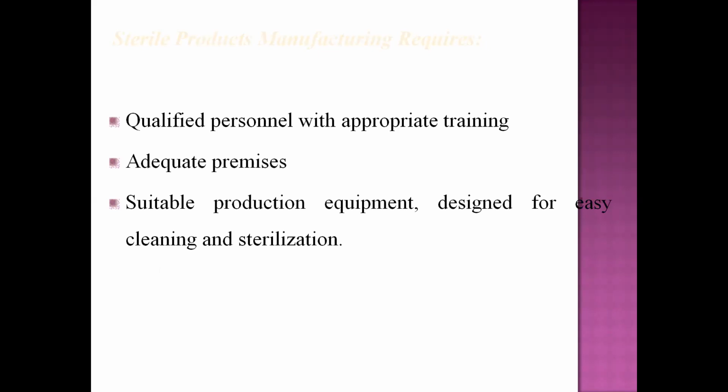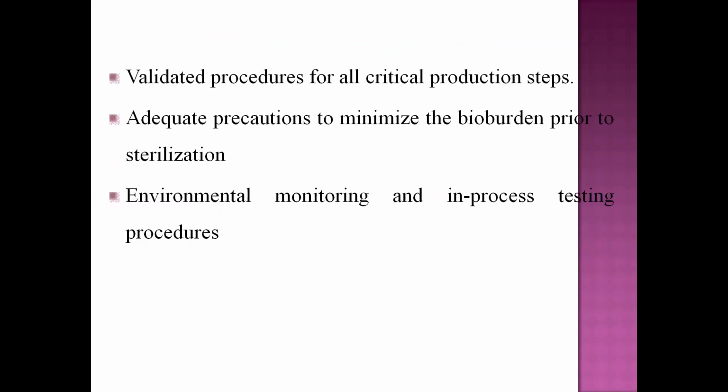Suitable production equipment should be there, designed for easy cleaning as well as sterilization. Then validated procedures for all critical production steps. Adequate precautions to minimize the bioburden prior to sterilization should also be there. Environmental monitoring is very important, and in-process testing procedures are also needed during the production process.